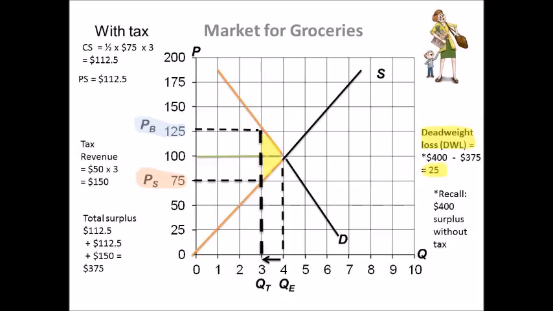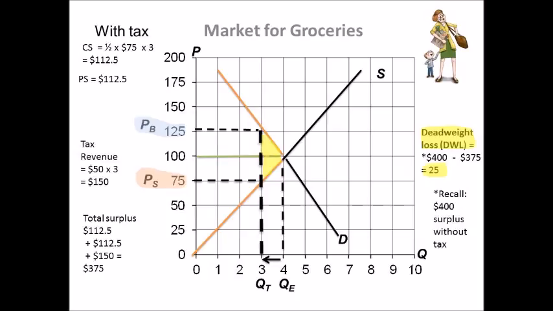Now we calculate the new consumer surplus by multiplying 0.5 by $75, which is the difference between $200, the maximum price of the groceries, and the $125 price buyers pay, equal to $75. Multiply this $75 by 3, the new quantity, and we get $112.50.